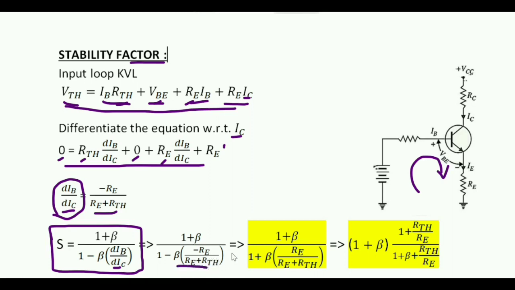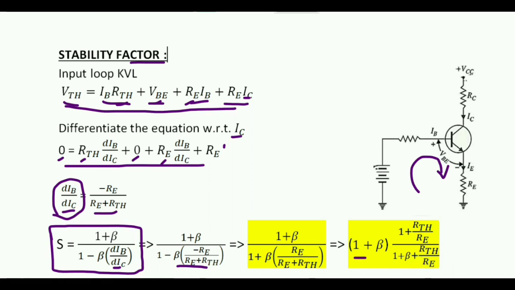If we simplify this, we will get (1 plus beta) by (1 plus beta into RE by (RE plus RTH)). If we simplify this again, we will get (1 plus beta) into (1 plus RTH by RE) by (1 plus beta plus RTH by RE).